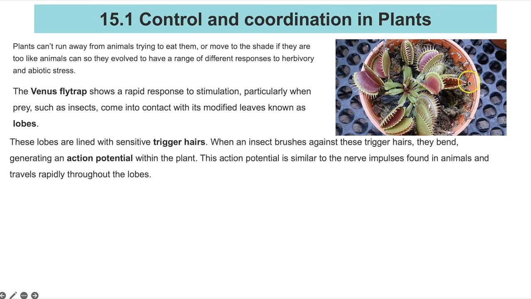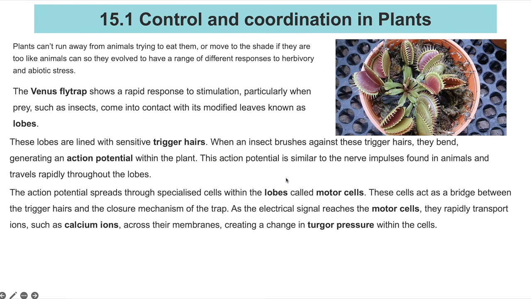And these lobes are lined with tiny sensitive trigger hairs, which you actually can't see in this diagram, but the red section here is where you'd have those trigger hairs. And when an insect brushes against these trigger hairs, it causes the hairs to bend, generating an action potential within the plant. The action potential is similar to the nervous impulses found in animals, and they travel rapidly throughout the lobes.